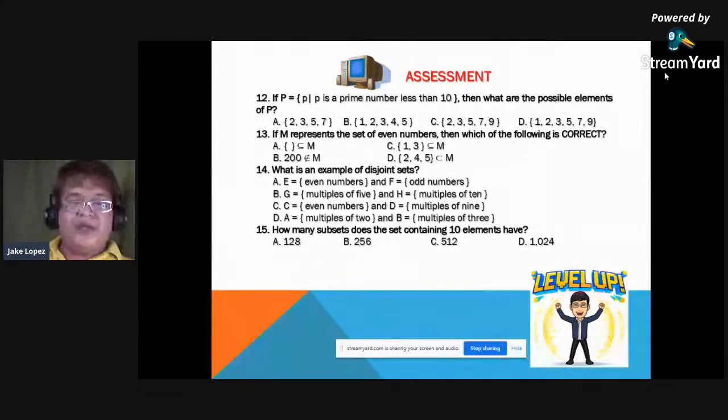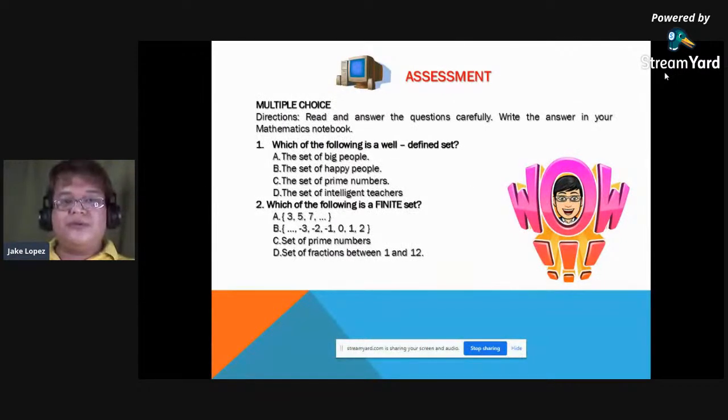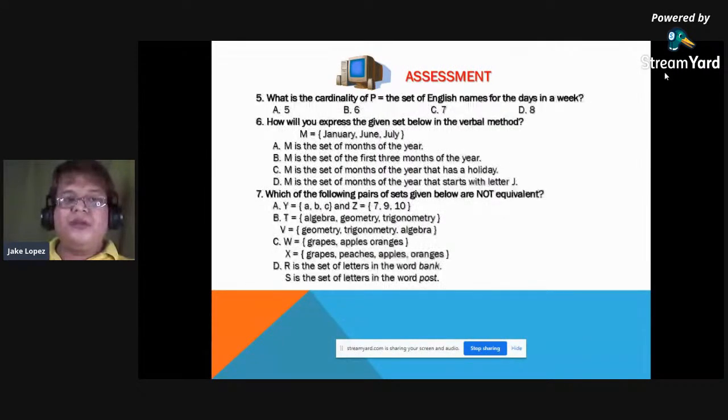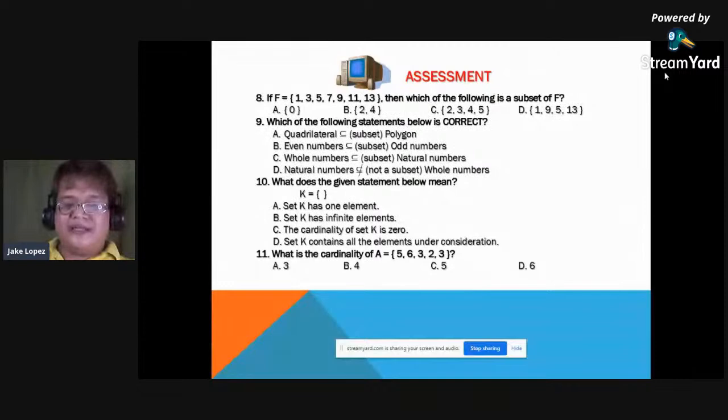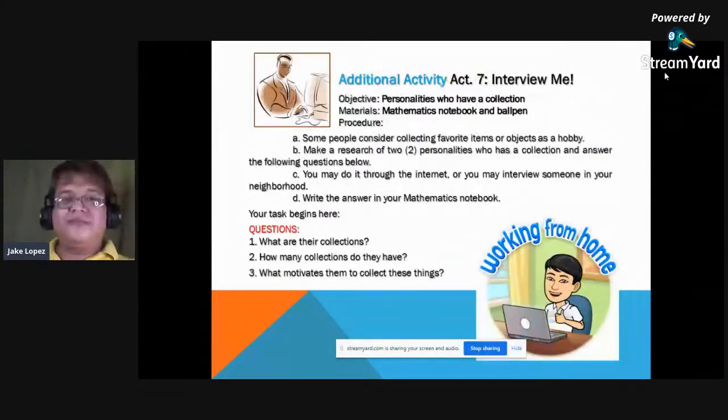Yan. So, balik ko ulit. Have 1 and 2, 3 and 4, 5, 6 and 7, 8, 9, 10, and 11, 12, 13, 14, 15.